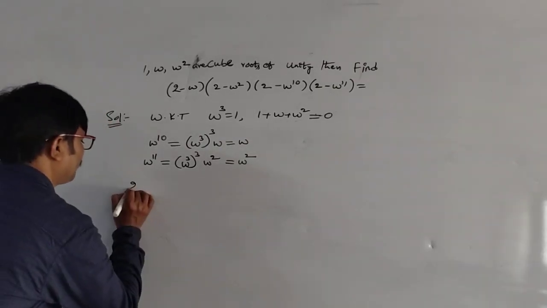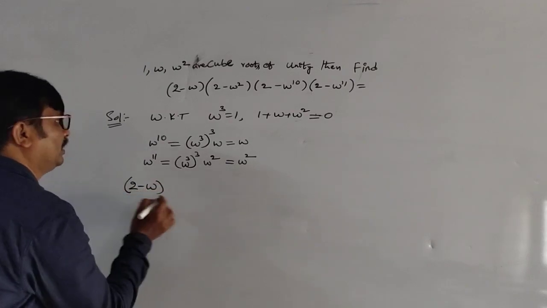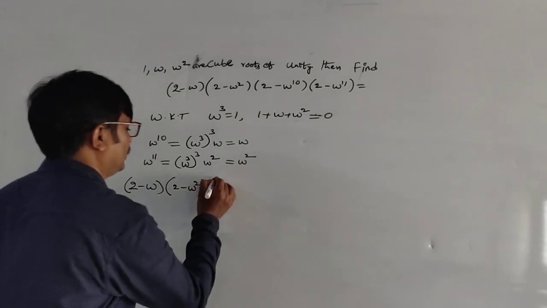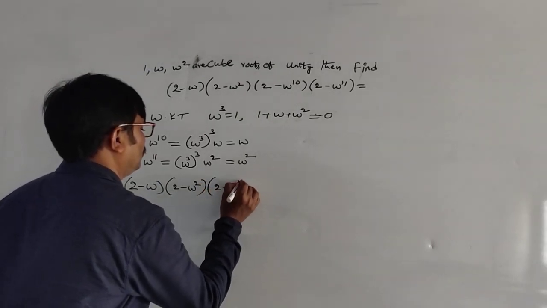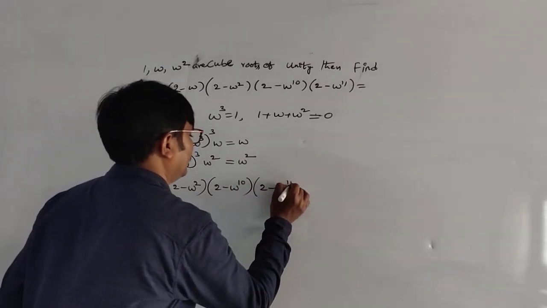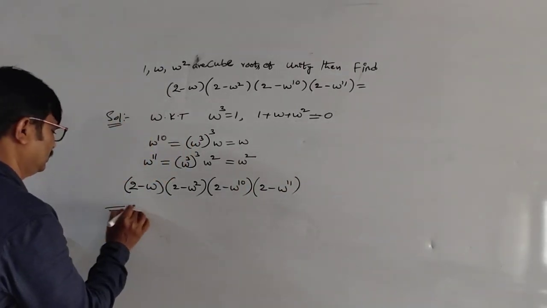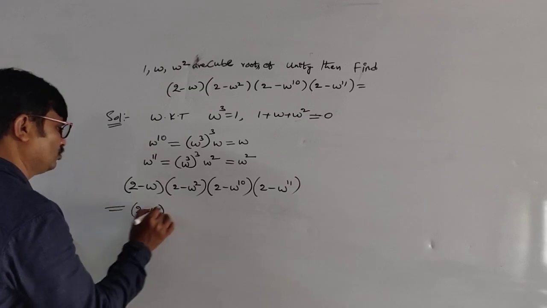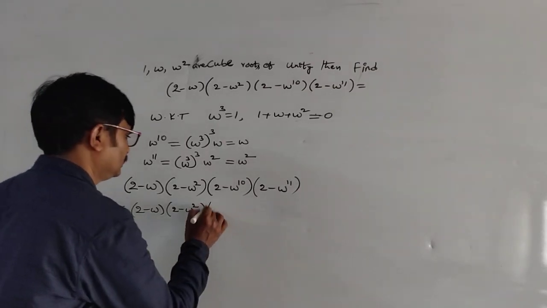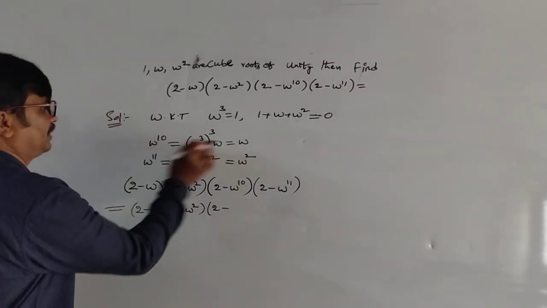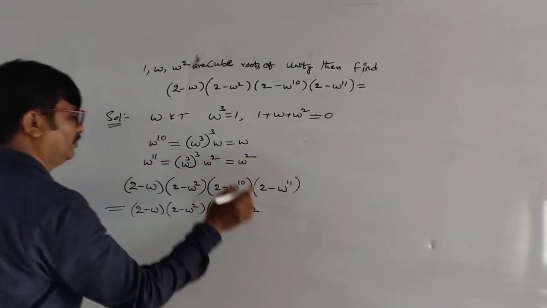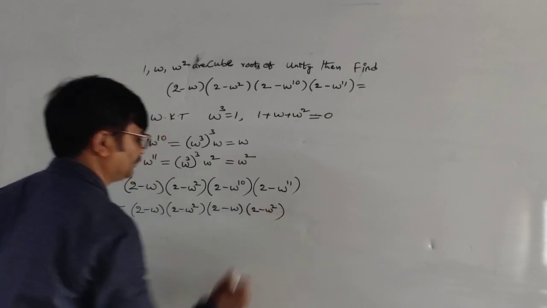Now students, 2 minus omega, 2 minus omega square, 2 minus omega power 10, 2 minus omega power 11. Omega power 10 is omega, and omega power 11 is omega square.